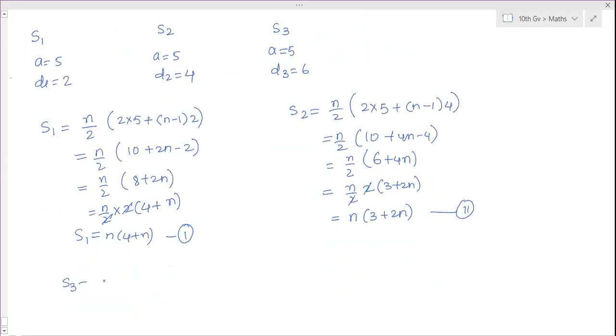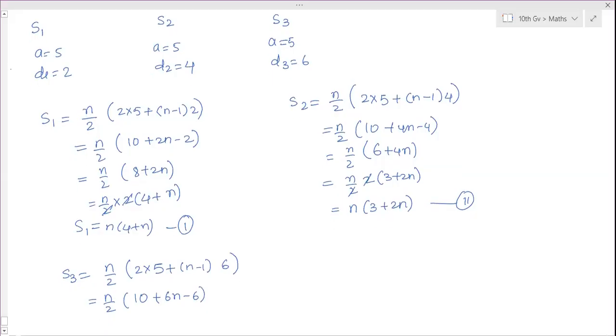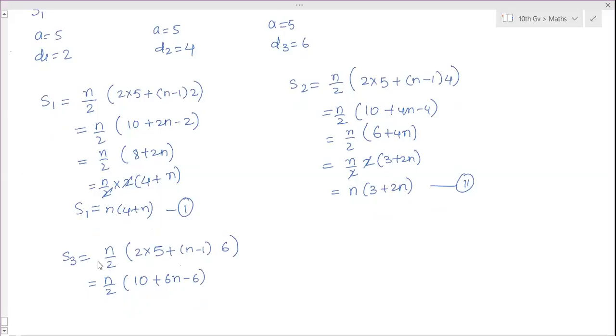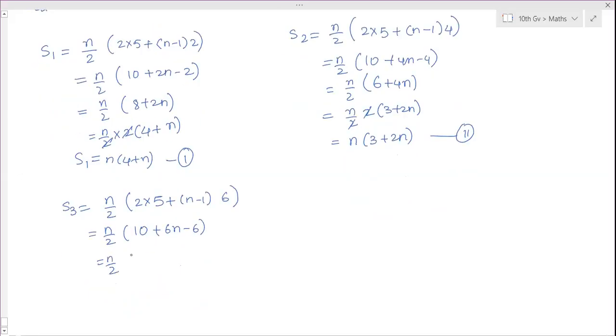Now S3, the sum of n terms of the third AP. That is n by 2 into 2 into 5 plus n minus 1 into the difference 6. N by 2 into 10 plus 6n minus 6, that is n by 2 into 4 plus 6n.